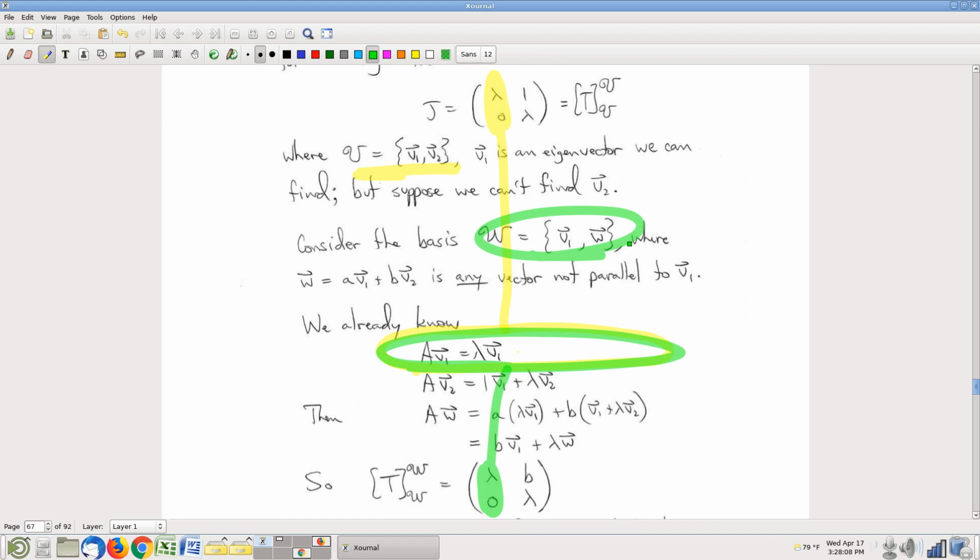Right? With respect to the script W basis there, this first column, lambda and 0, means that the image of the first vector, still V1, is lambda times the first basis vector plus 0 times the second basis vector. So I get lambda V1 plus 0 W. Which again, I can throw away.